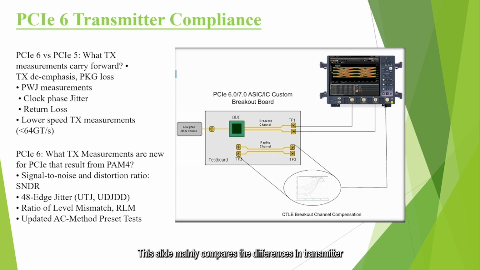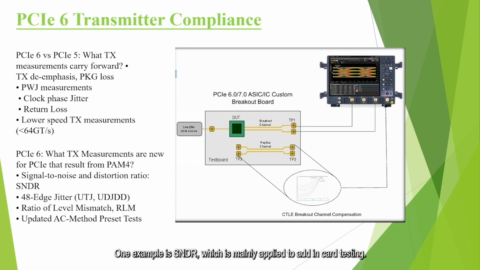This slide mainly compares the differences in transmitter test items between PCIe Gen 5 and Gen 6. We can see that many test items from Gen 5 are still present in Gen 6, such as PWJ, clock jitter, and return loss related items. However, since PCIe Gen 6 adopts PAM4 signaling, there are additional transmitter test items.